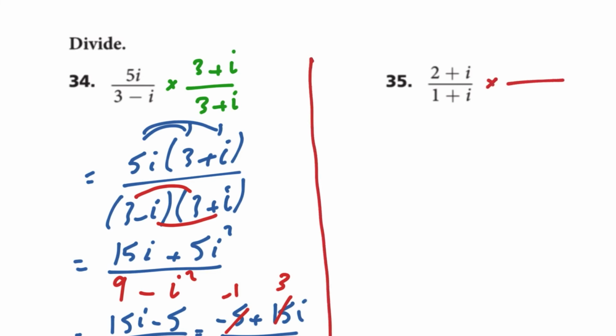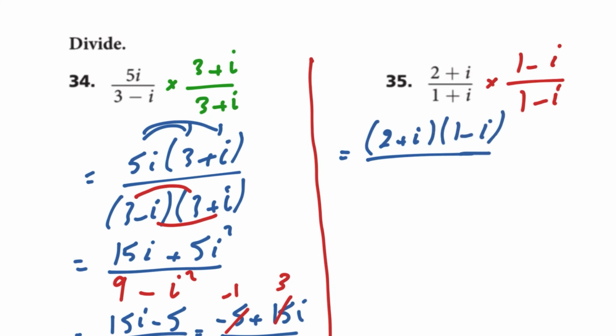Next number is the same. The conjugate of 1 plus i is 1 minus i. So in the numerator we'll have 2 plus i multiplied by 1 minus i. In the denominator 1 plus i multiplied by 1 minus i.